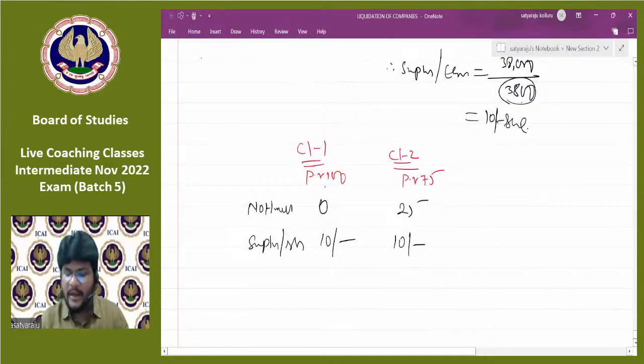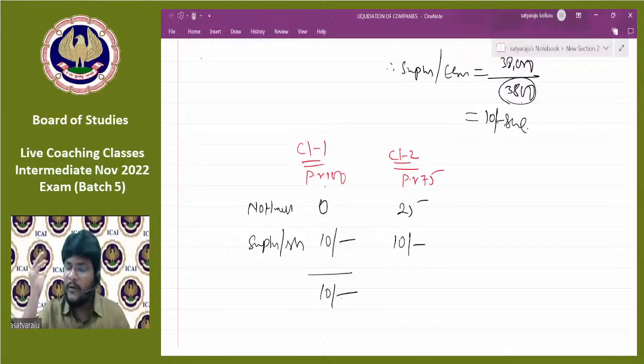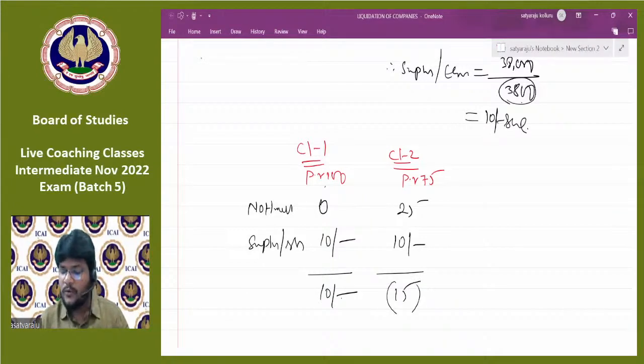Ultimately, for class 1 shareholders the company needs to pay 10 rupees per share. For class 2, they need to contribute 25, then the liquidator will pay 10 rupees, so the net amount of 15 rupees they need to contribute. Negative means they need to contribute; positive means we are giving the surplus.